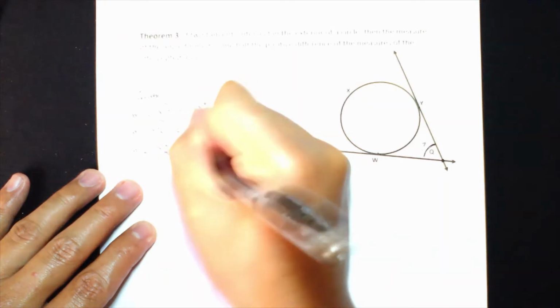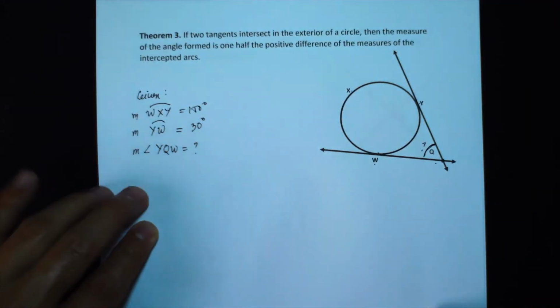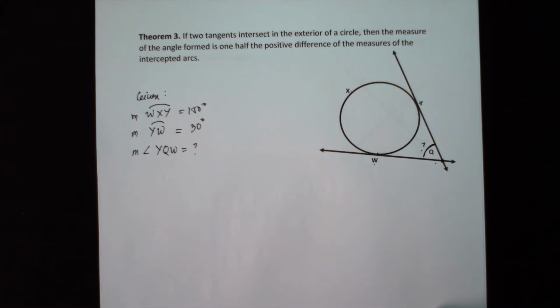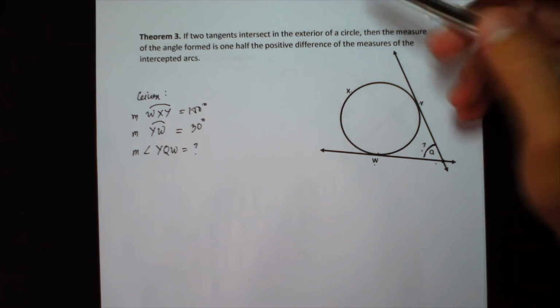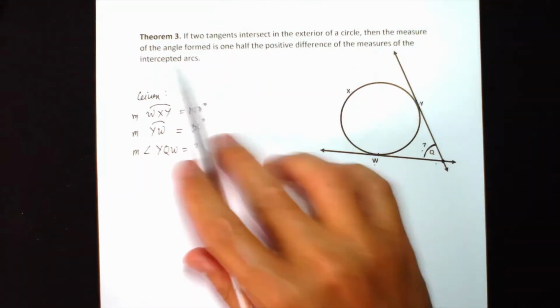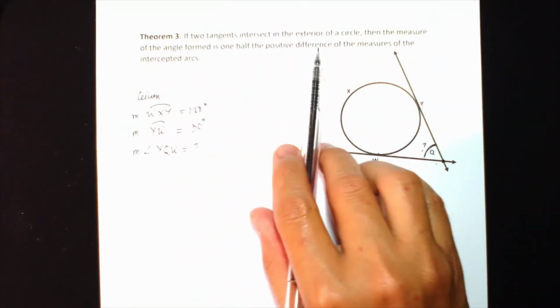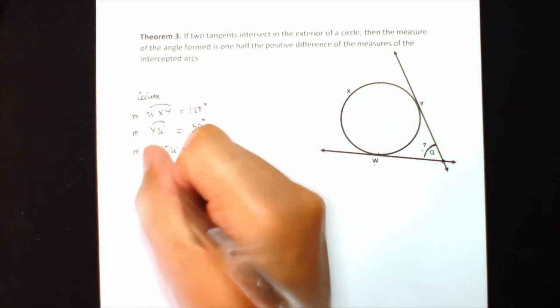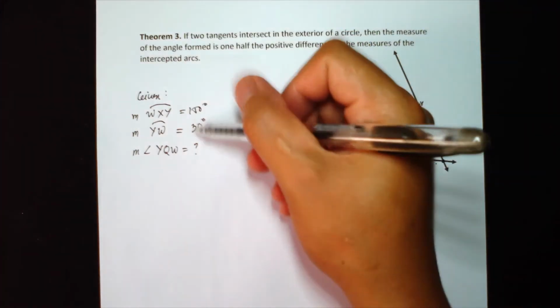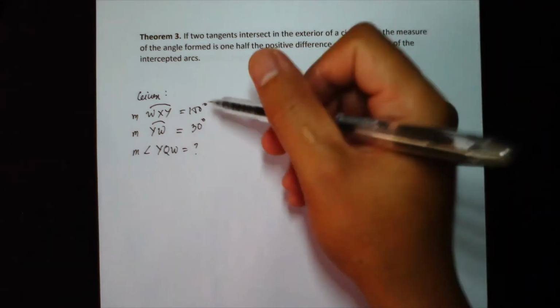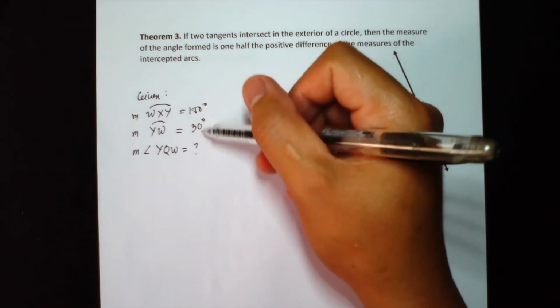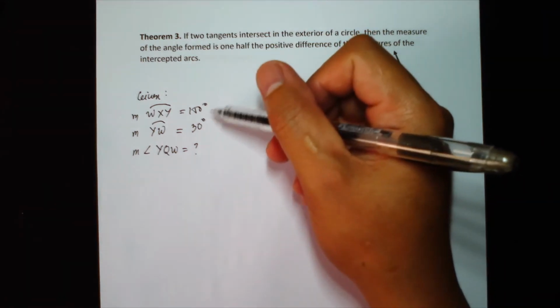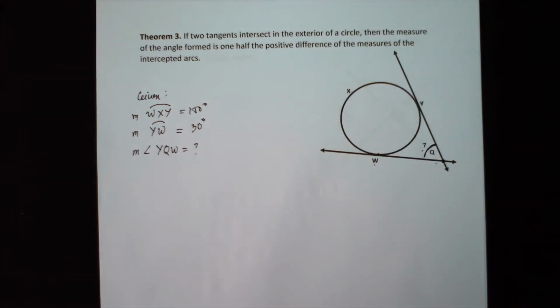That is the problem. Based on the theorem, the measure of the angle formed is 1/2 the positive difference of the intercepted arcs. The difference of the intercepted arcs, and 1/2 of that, will be the measurement of YQW.